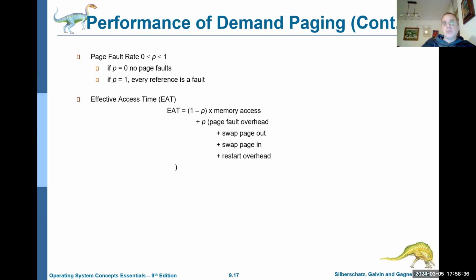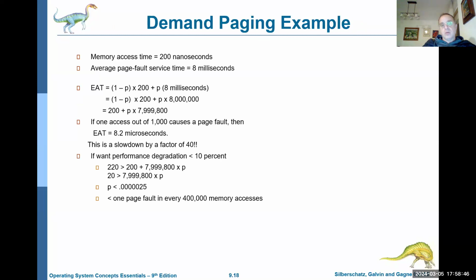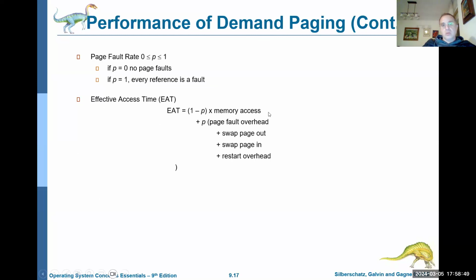So 1 minus P, that percent, times the memory access time, the time it takes to read the memory, plus P times page fault overhead, plus swapping the page out, swapping the page in, restarting overhead, all that. Times that ratio. Well, that makes sense. There's the percent of times that I don't need to do a page fault times the percent of times that I do need to do a page fault.